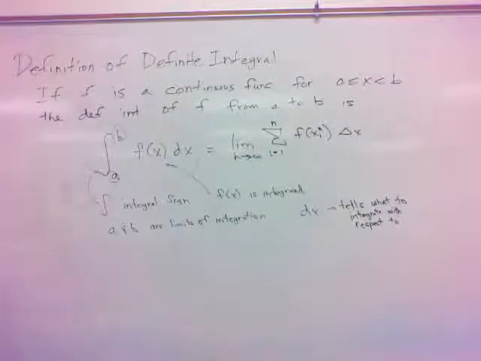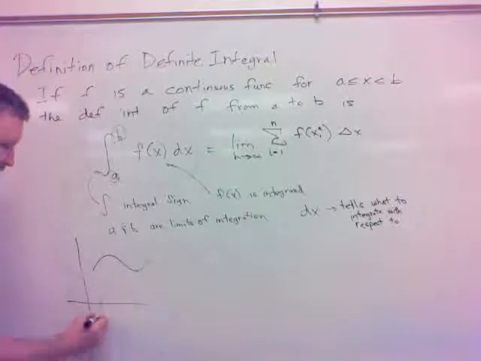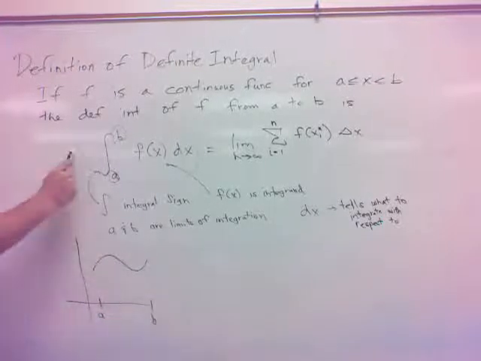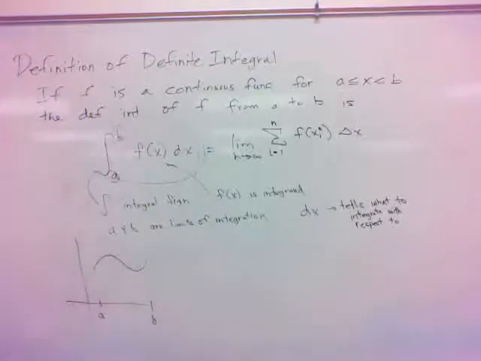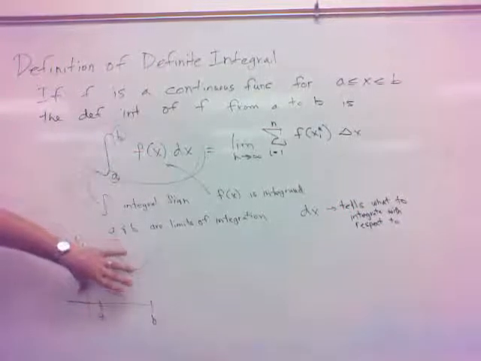All right. So if I draw the picture here, say I've got this curve, from A to B. How would I label that? Where would this integral from A to B of f of x dx be on this graph?